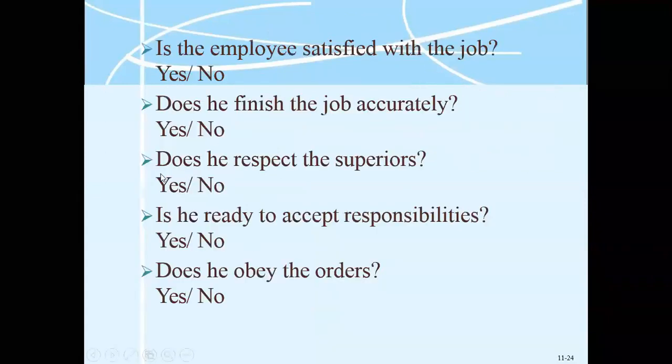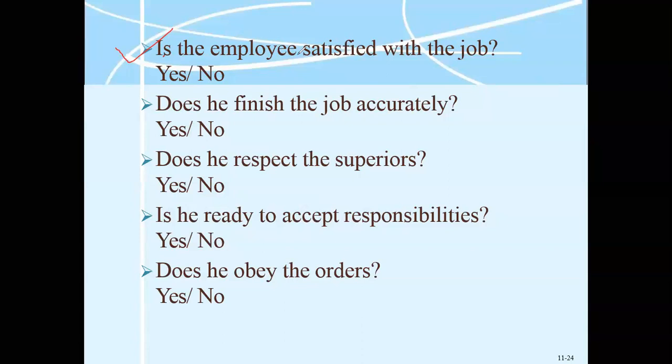It is on your screen right now: a checklist with certain questions. The first question is, is the employee satisfied with the job? That's just an example.